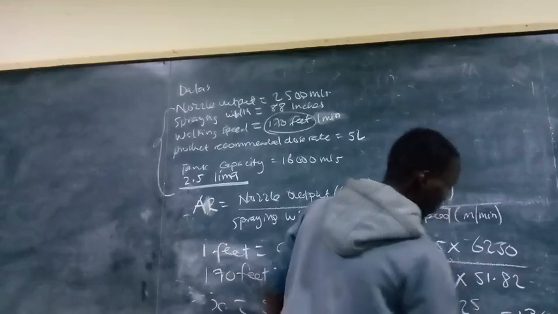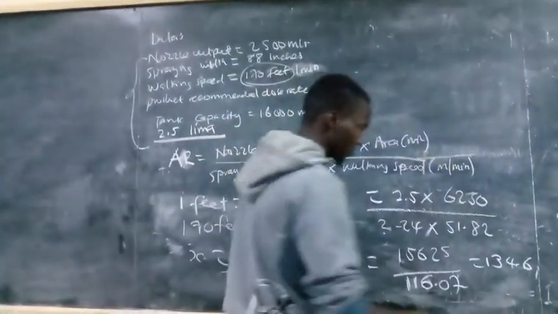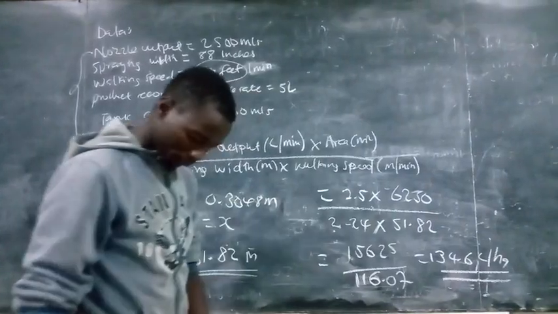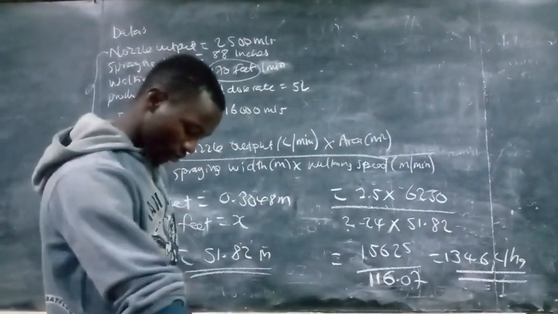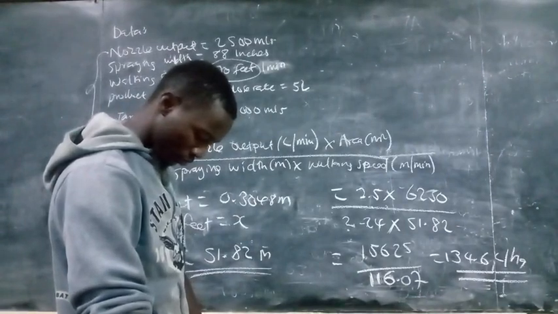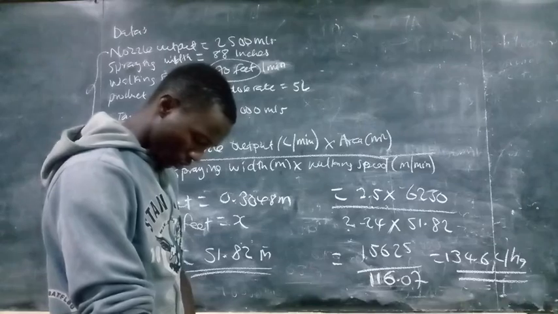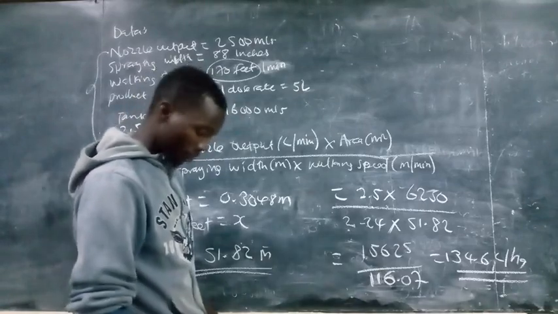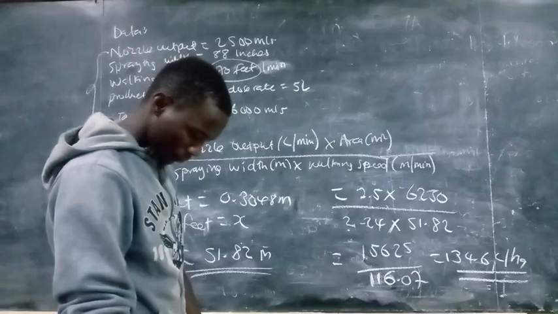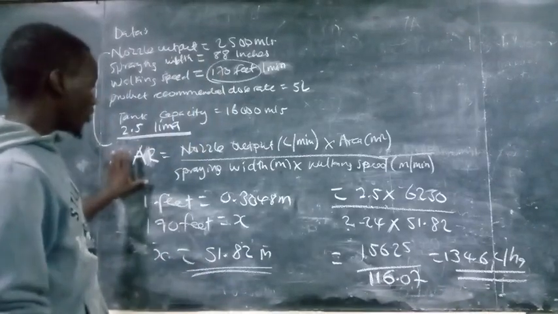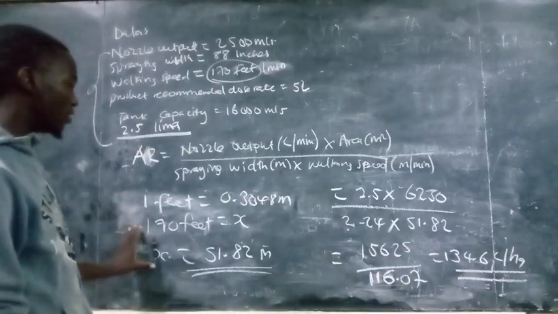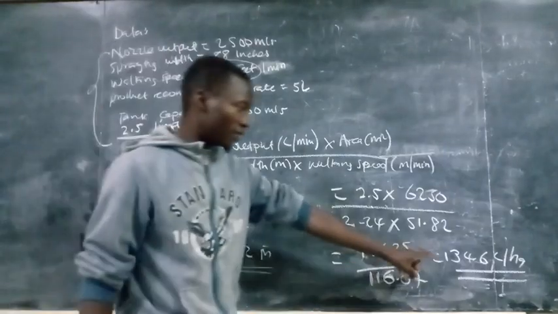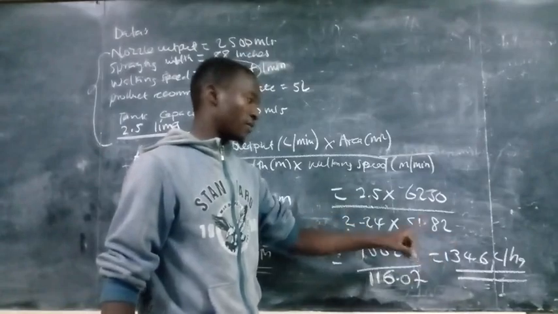134.6 liters per hectare. So with the figure that we have right there, you are going to understand that the application rate that we need for this particular data that we're given here is supposed to be 134.6 liters per hectare.